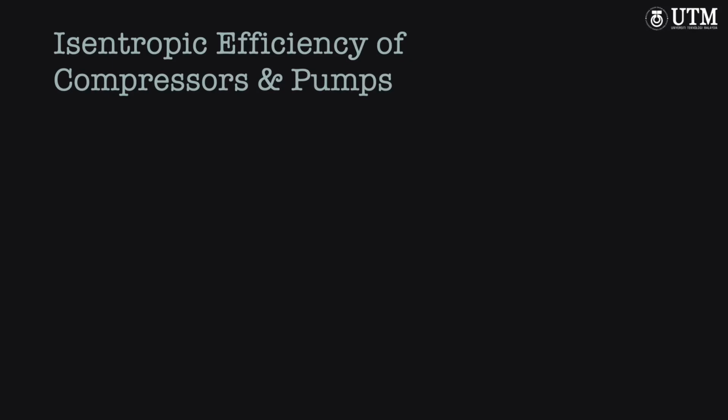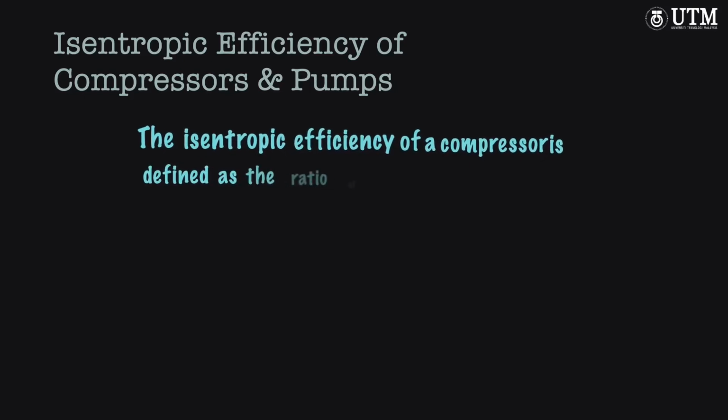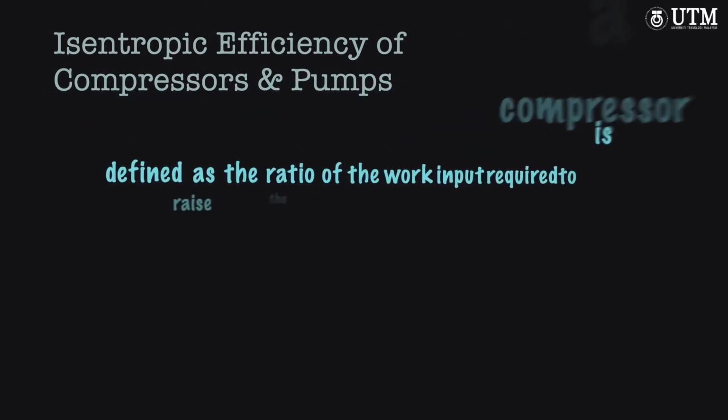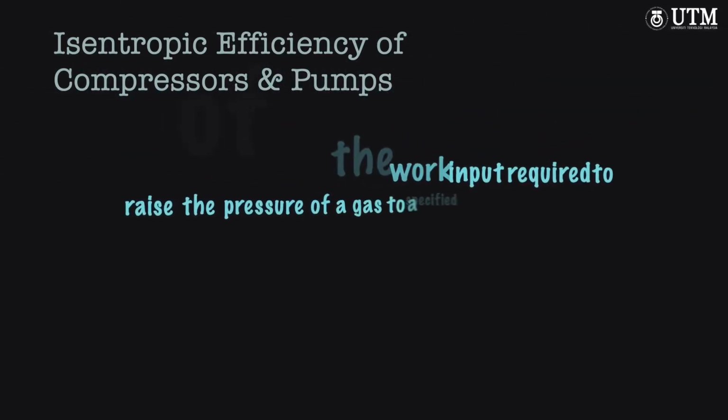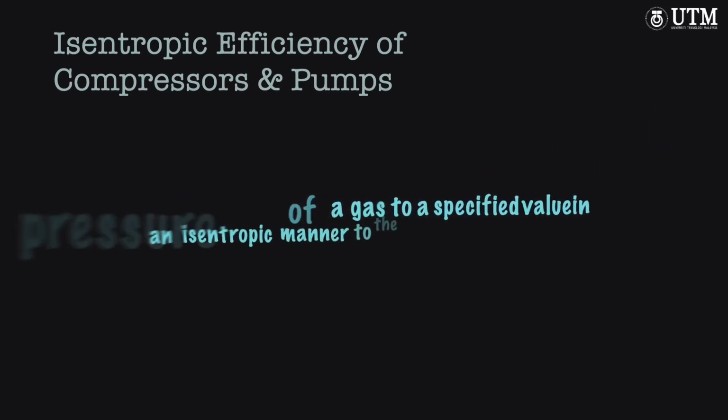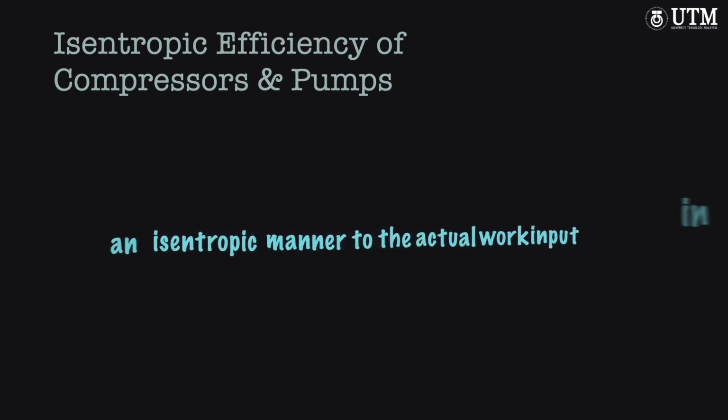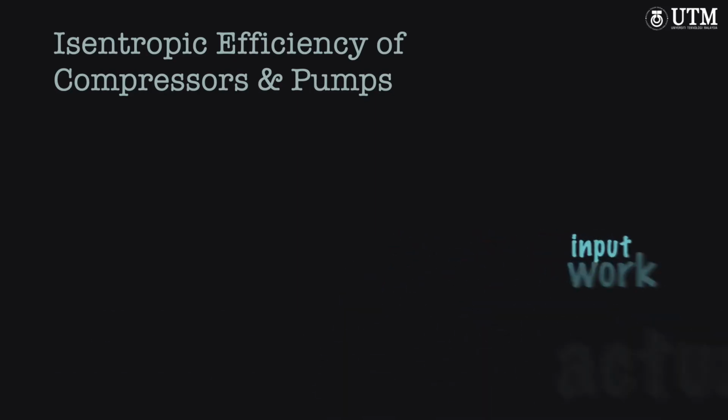The isentropic efficiency of a compressor is defined as the ratio of the work input required to raise the pressure of a gas to a specified value in an isentropic manner to the actual work input.